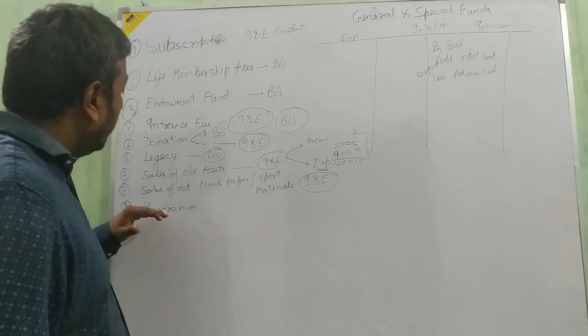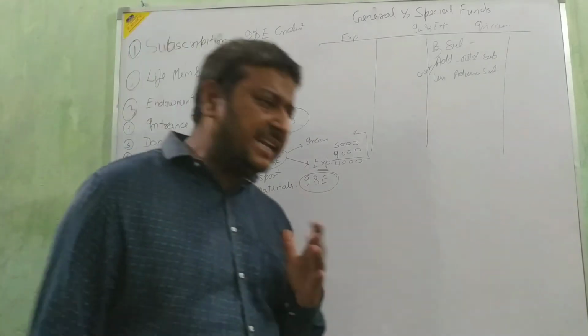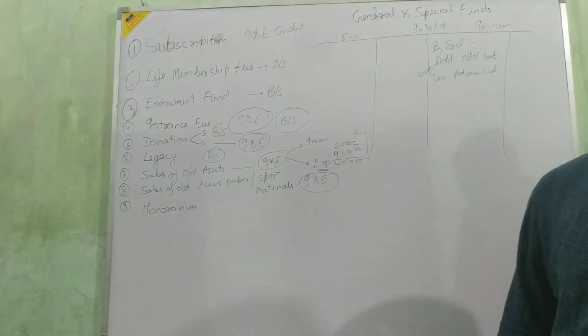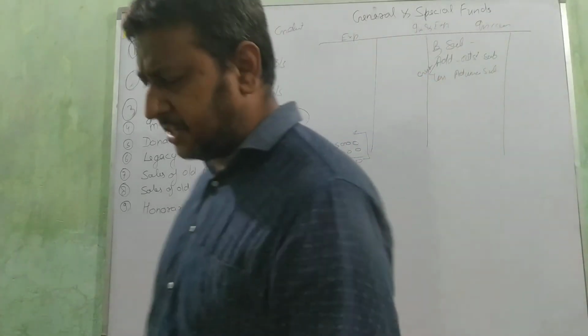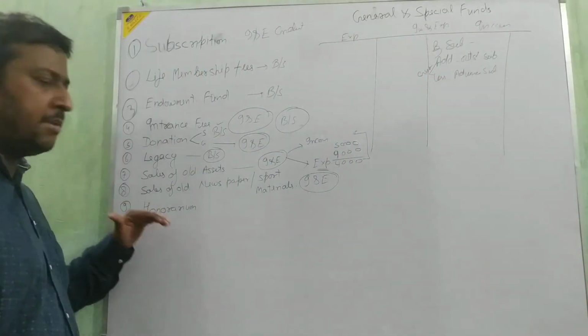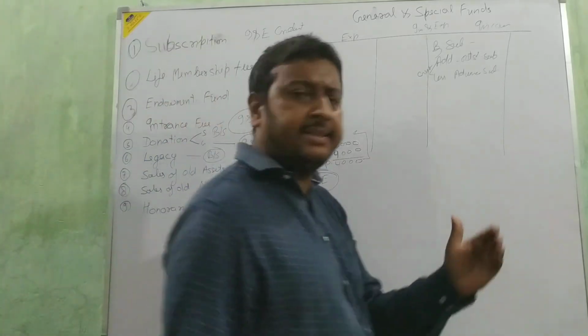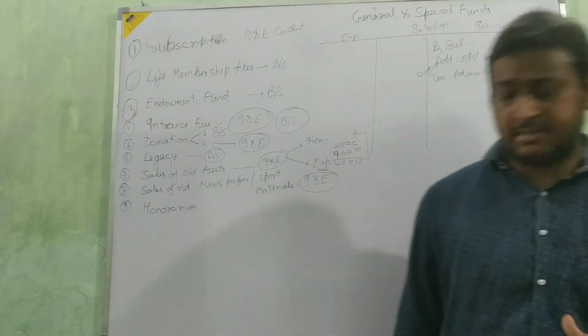Last is honorarium. Okay, beta? It's like a salary, but it's not a salary or remuneration, because we give this amount to a person who is giving some specialized service.